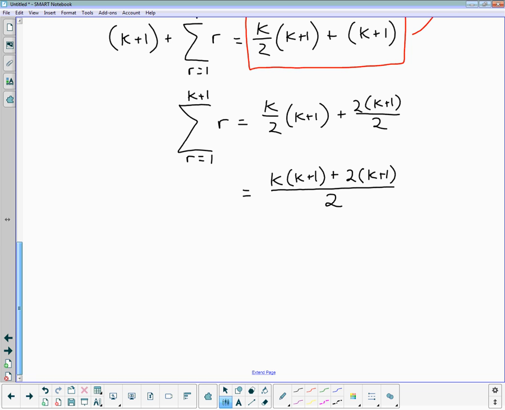Now I walk up to that thing and I see a quotient, which is the same thing as a multiplication. And now we distribute.